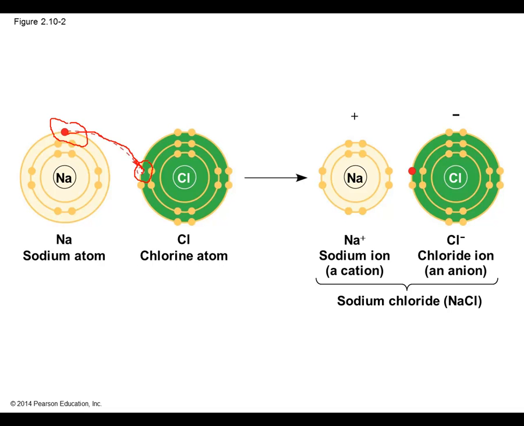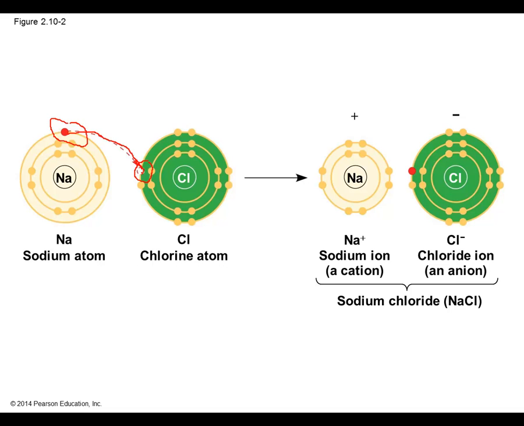Then its second shell is full, but this leaves you with 10 electrons and 11 protons, so the net electrical charge would be positive. So you're creating a positive ion with a net +1 charge, and this positive ion is also known as a cation.